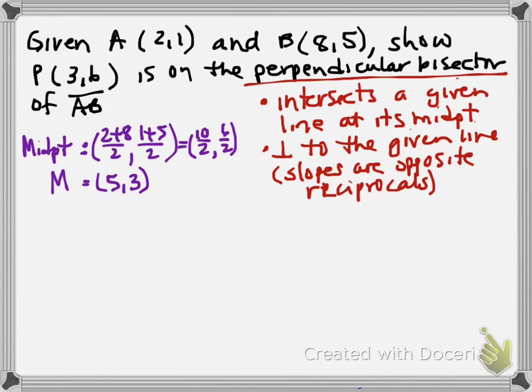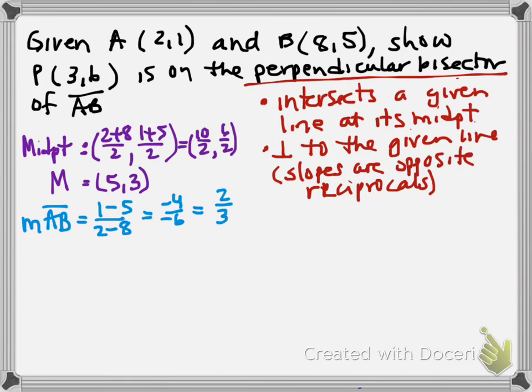Okay? And then we want to figure out the slope of AB. So that's a small m. And to do slope, we're going to take the y's and subtract them, and the x's and subtract them. So 1 minus 5 over 2 minus 8. So I get negative 4 over negative 6, which simplifies down to positive 2/3.